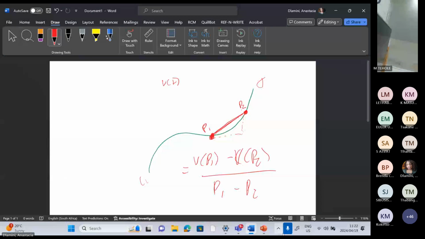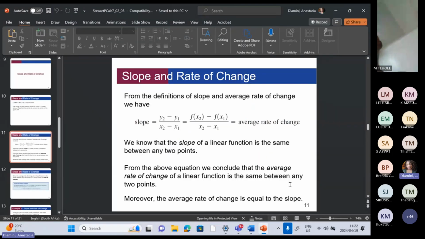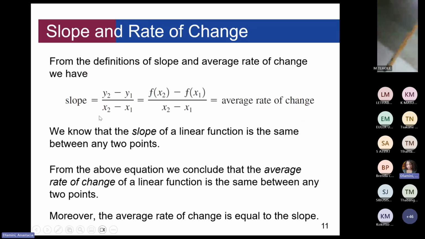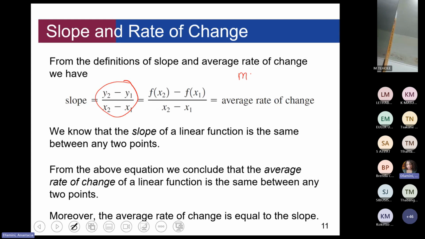Thanks. Yes, ma'am. So if we go back here, you'll see that they're saying the slope is actually the average rate of change. But now, please, there are people who used to confuse this part. Remember when we were finding the slope of a straight line, we said change in y over change in x, then we had y2 minus y1 over x2 minus x1.